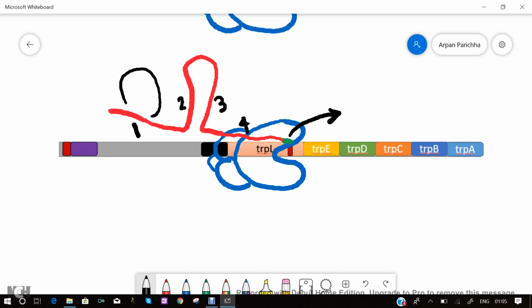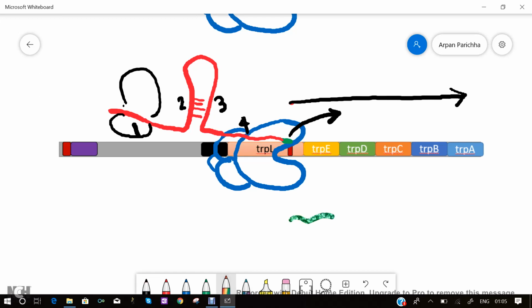So the ribosome would be somewhere here. Regions 2 and 3 are free, so they can complementary base pair with each other to form this anti-attenuator stem loop. When this happens, the RNA polymerase doesn't slip off, and it proceeds in the 5' to 3' direction.